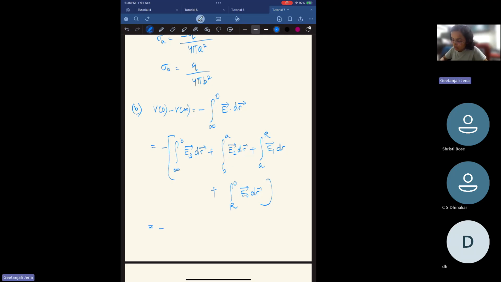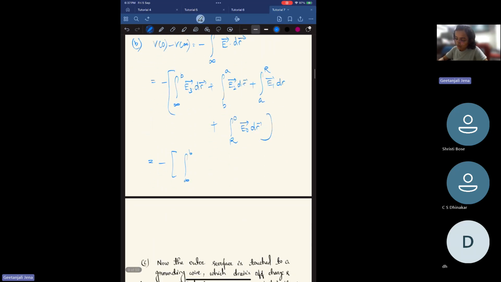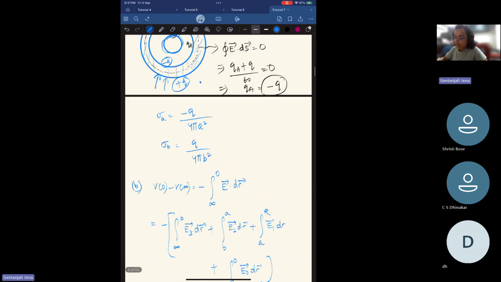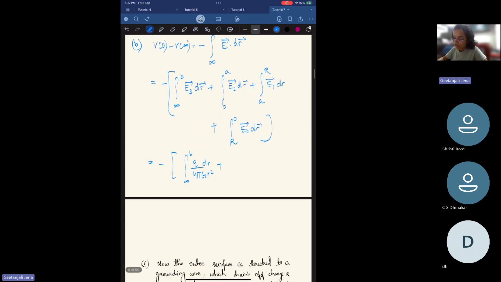So what will be E3? The electric field outside the region. This is nothing but total charge by epsilon naught if you take Gauss law. So this will give Q by 4 pi epsilon naught r square dr. And E2 is inside this spherical metal shell, which is 0.